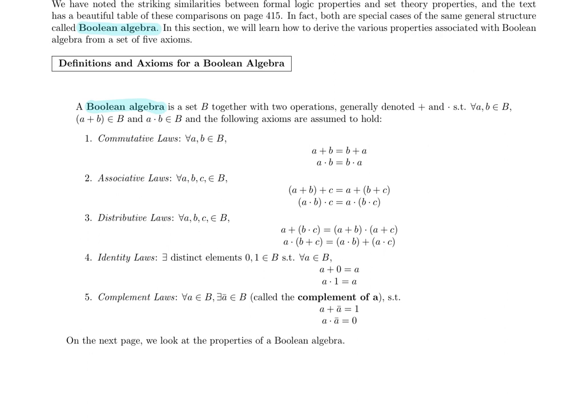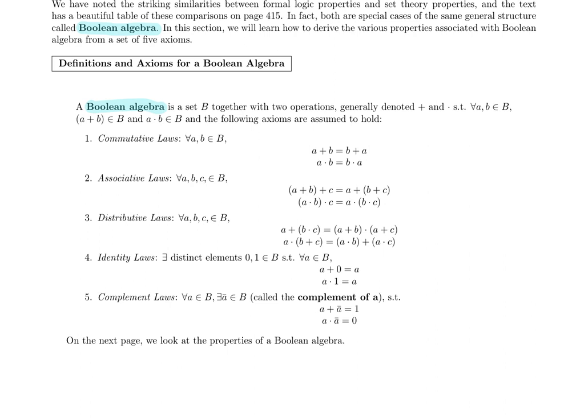Our distributive laws say for A, B, and C that are elements in our Boolean algebra, A plus B times C is A plus B times A plus C. So this is a little bit different maybe than what you're expecting. It says A or B and C is the same as A or B and A or C. And we may have actually proven that one earlier in this chapter with sets.